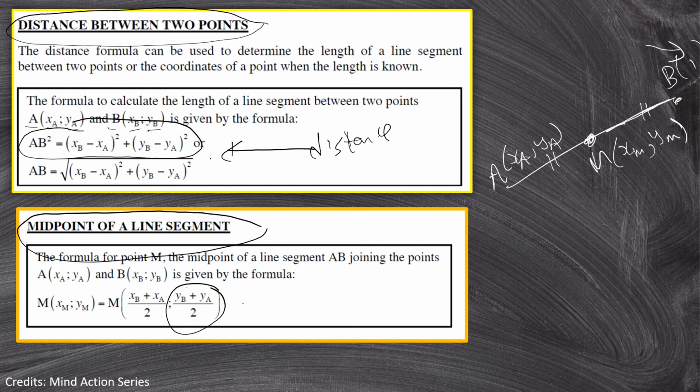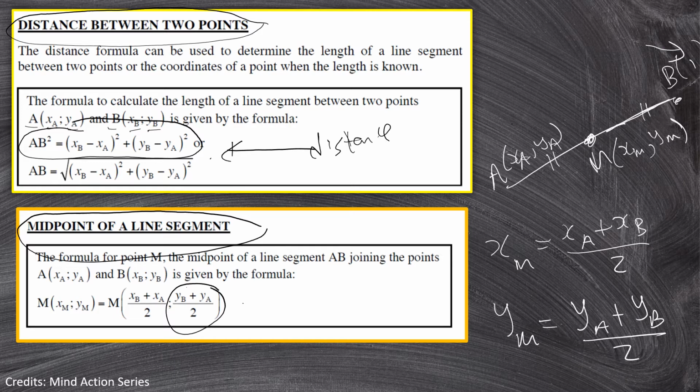Very simple. We know that x at midpoint is the same as x at A plus x at B, all divided by 2, because it's in the midpoint. Then also y at midpoint is the same as y at A plus y at B, all divided by 2.